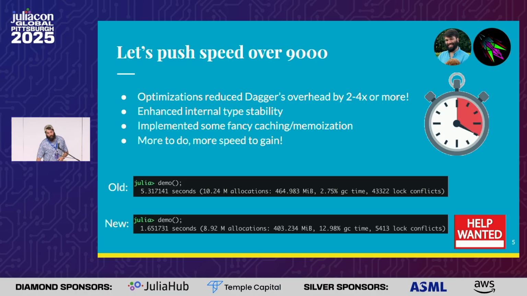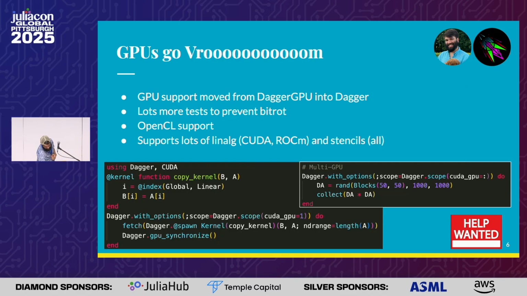So in this example of doing a matrix multiply, we went from 5.3 seconds on the prior Dagger master down to 1.6 seconds with quite a large drop in lock conflicts of almost 10 times. And this is now living on master on Dagger 0.19.